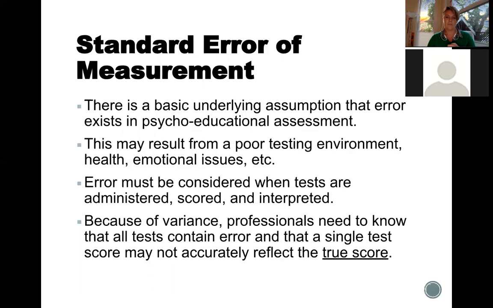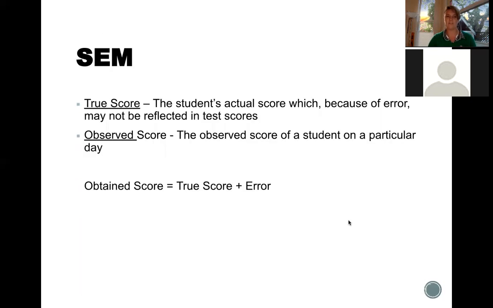So let's see. There's something called the true score and the observed score. The true score is this theoretical score that is really what the student can do. And the observed score is what you actually see on any given day.